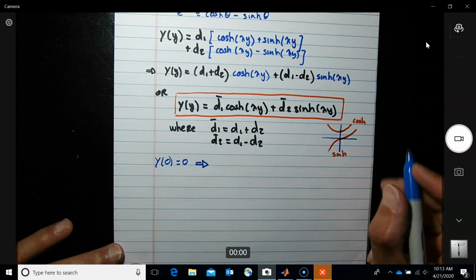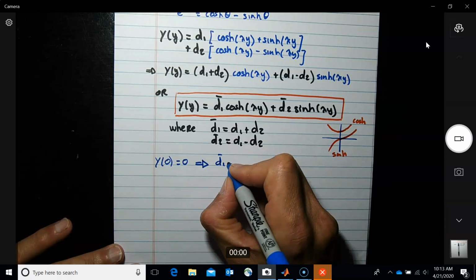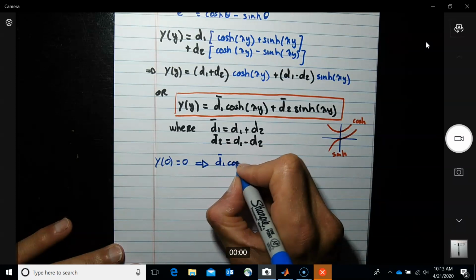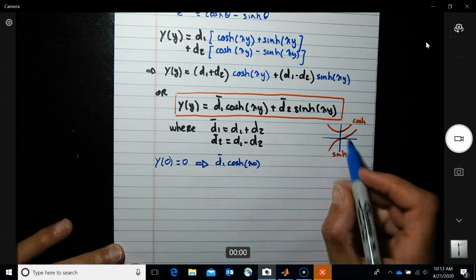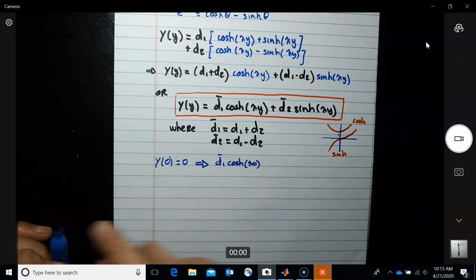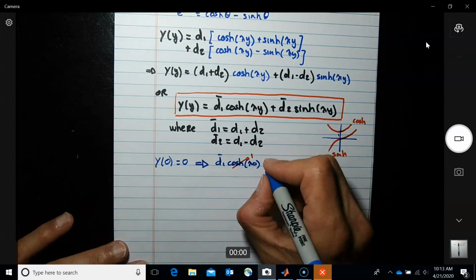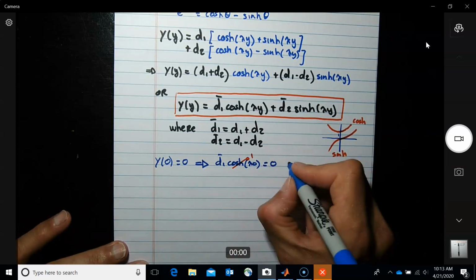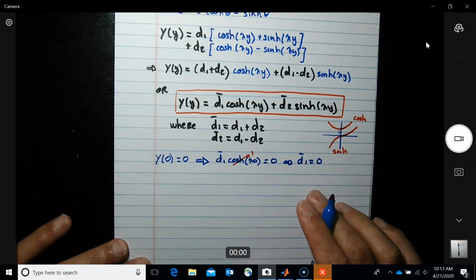So we know the sinh will be 0, so this will give you d bar 1 cosh of lambda times 0, that will be basically 1, equal to 0, and this is only possible if d bar 1 is equal to 0.